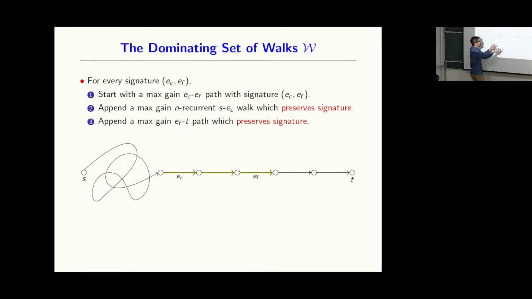There's a local procedure that says once I know these two arcs, I can in fact recover the whole thing, and because I iteratively did this path patching until the process stabilized, this will give me a set of walks that's better than everything I started with.